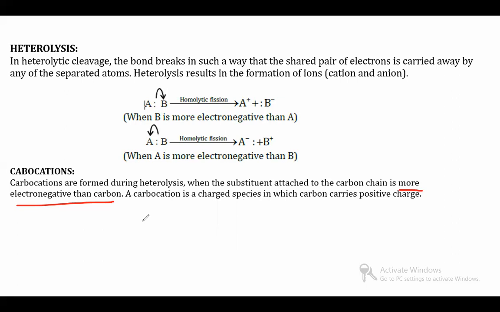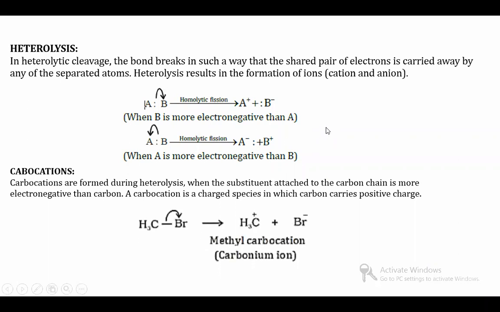If any group attached to the carbon, such as X, is more electronegative than carbon, like the group 17 elements, it drags the pair of electrons towards itself, so carbon forms a positive charge, and this is called a carbocation. Are you getting it? Carbocation. So we'll see an example of this carbocation, how the chain is attached.